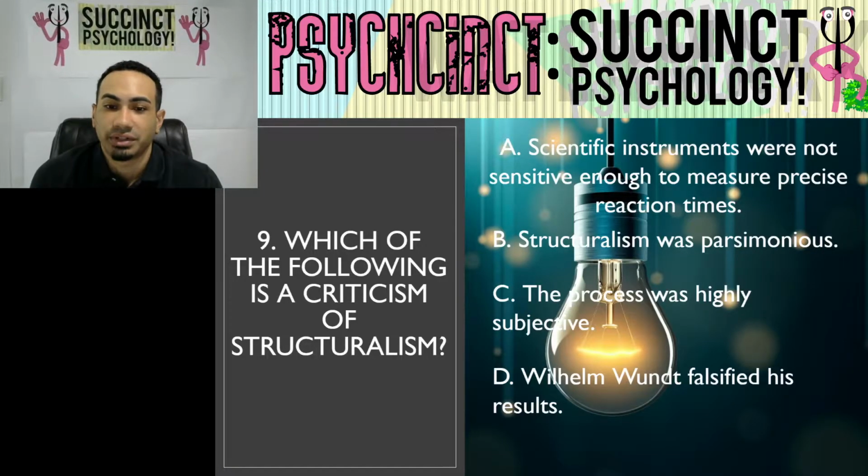Alright, criticism of structuralism. Give you a second to think about that. Alright, if you chose the process was highly subjective, you chose correctly. That was a big criticism of structuralism. There was a highly subjective process involved in structuralism.